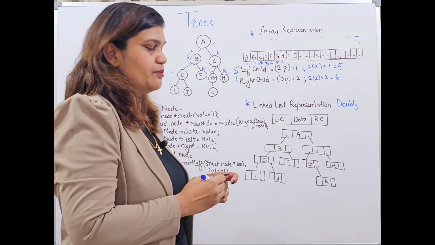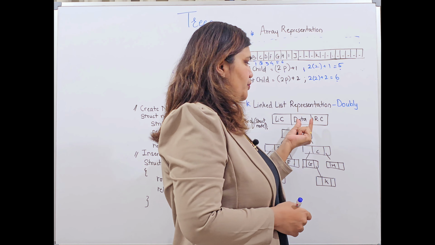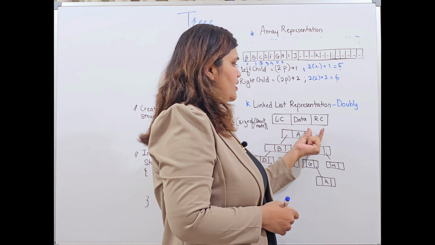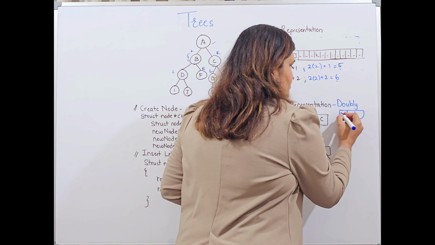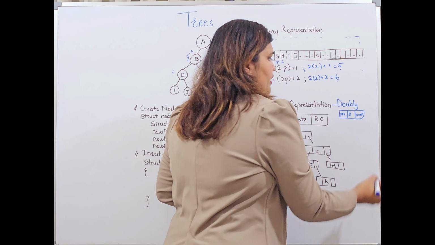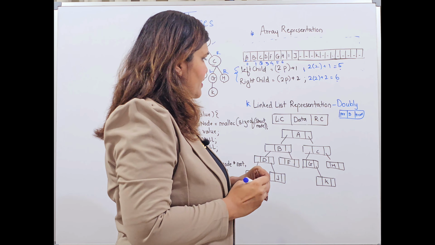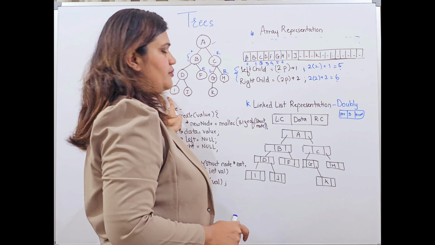So you have next and previous for this. In your doubly linked list, you have a node. In your node, you have data, you have previous, and you have next. The node, if you remember, has previous and next, and in between, you have the data. That type of structure is what I'll need to store this kind of data.